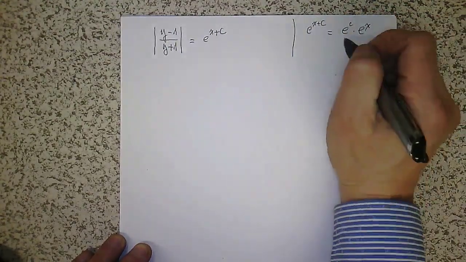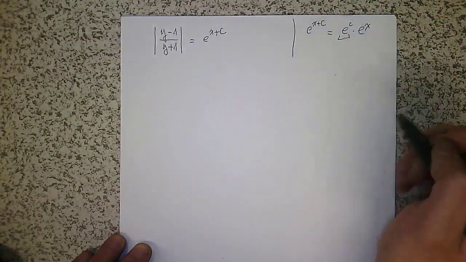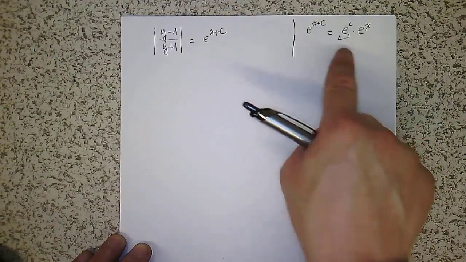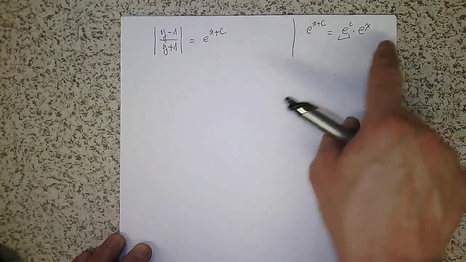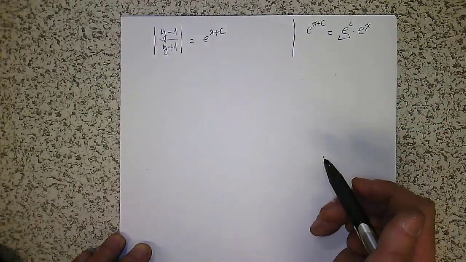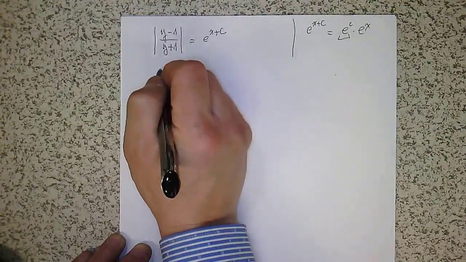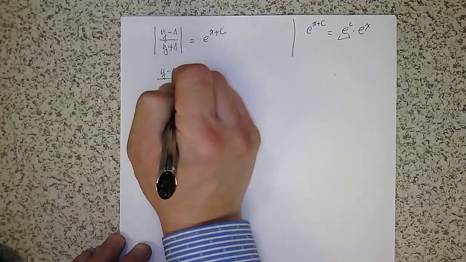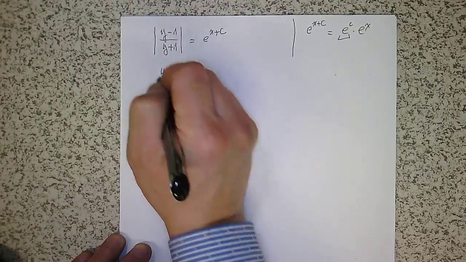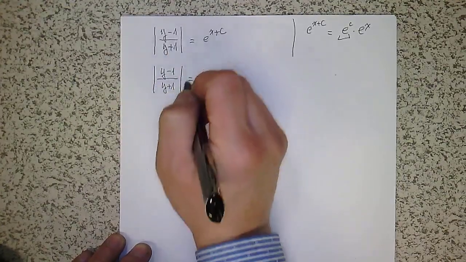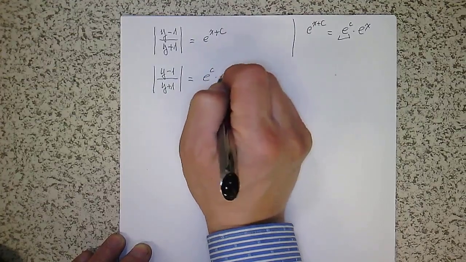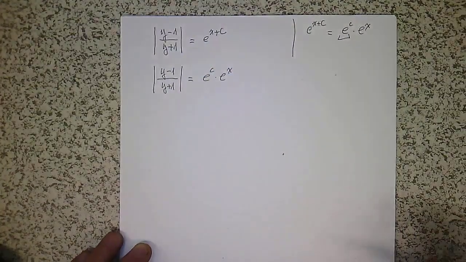That means we can see e to the c as a constant, and relative to the entire function, a coefficient. So back to the equation, I can write this as y minus 1 over y plus 1 in absolute value equal to e to the c as a coefficient times e to the x as some function.